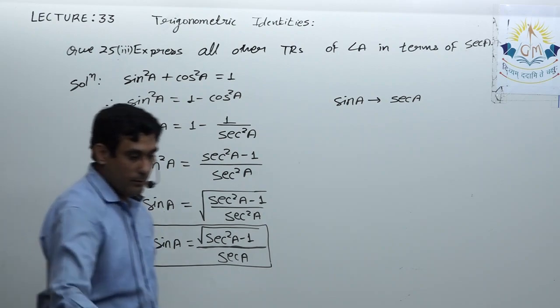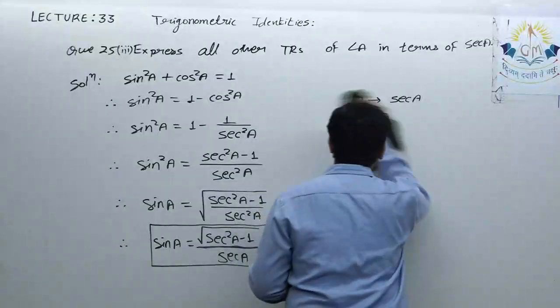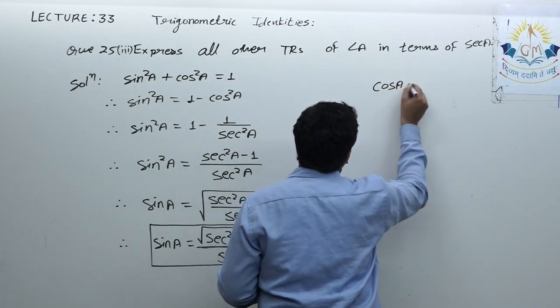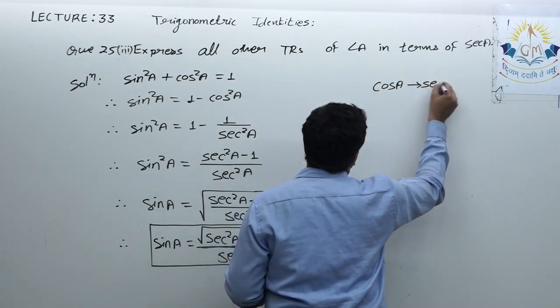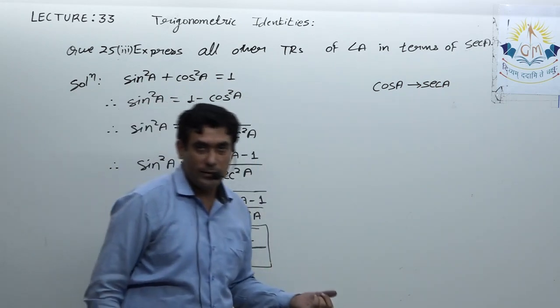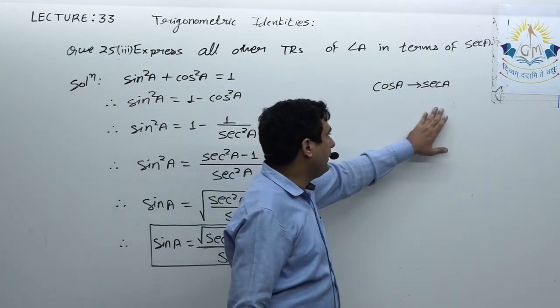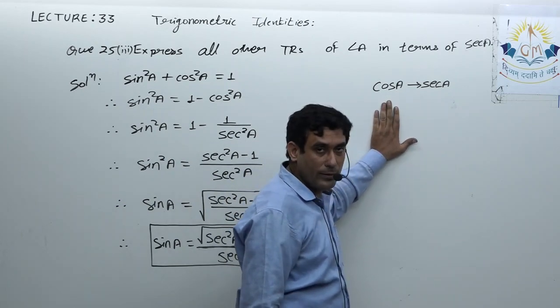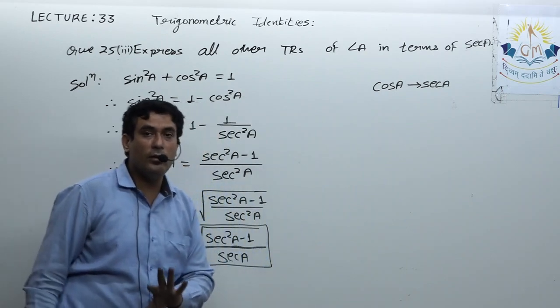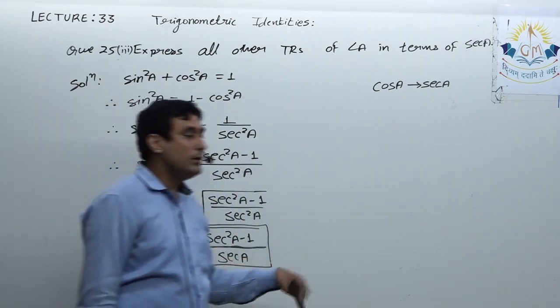Now next we have to express cos A in terms of sec A. First try to get a direct relation. If you are not able to find a direct relation between two given trigonometric ratios, then reciprocate any one, and then definitely you will be able to find the relation between those two.